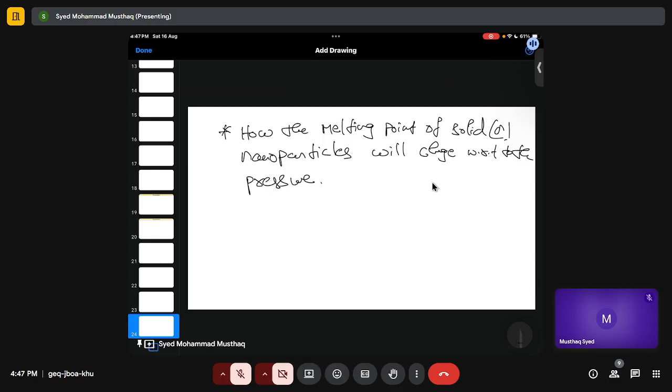This is one relation. And you have another relation that sir has proven: P equals P initial times exponential, first you have R surface energy scale to RT. Right. This is one relation.